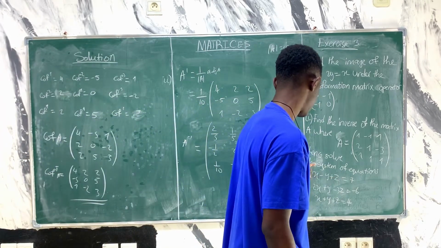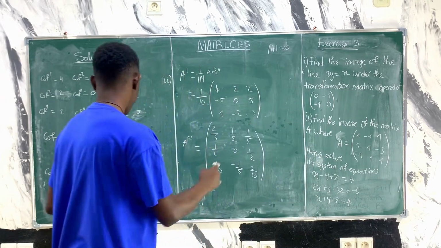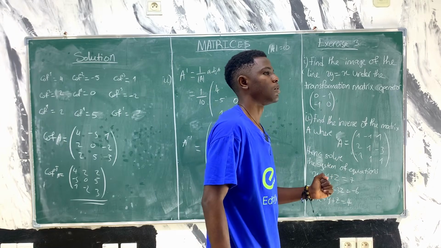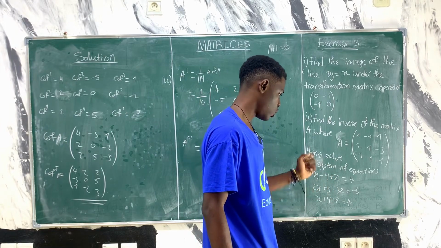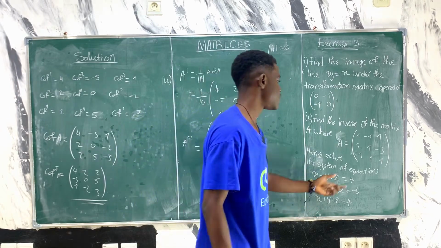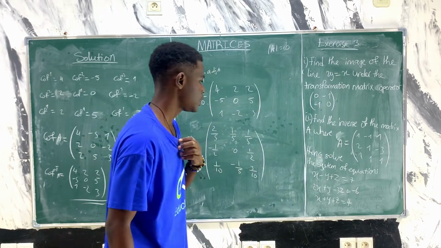The task is to solve the system of equations. So what is the system of equations? If we look at the letters, we are going to see that the coefficient of each of these letters is this. All of these numbers are here.